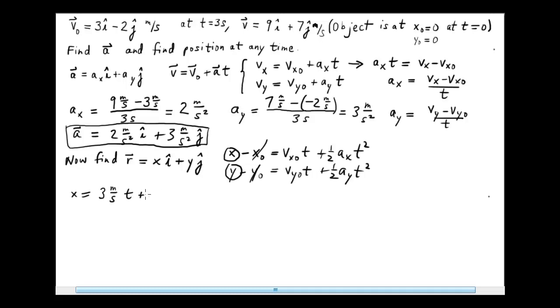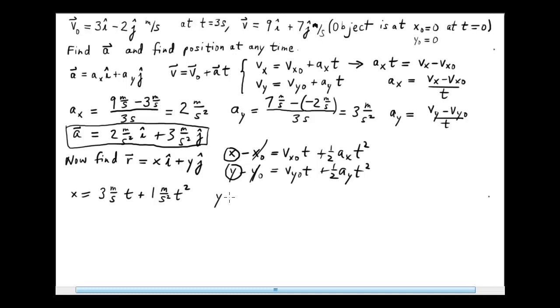So plus 1 meter per second squared times t squared. And that's great because that gives me x at any time t.